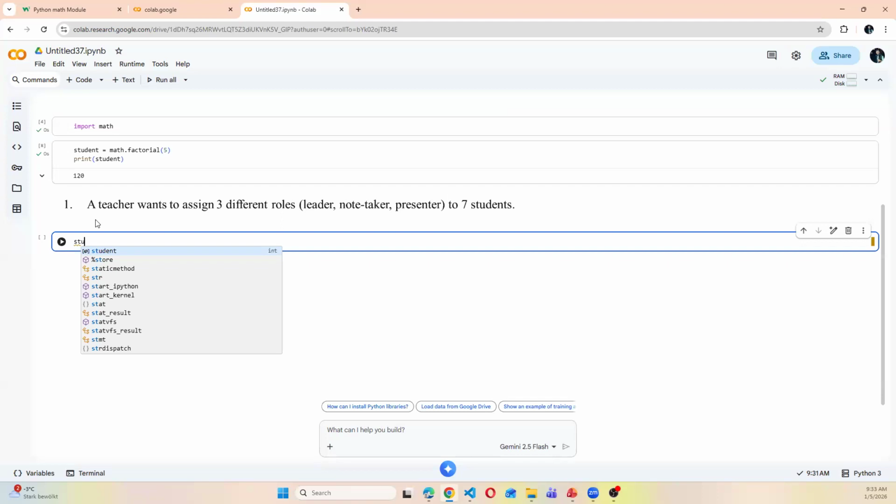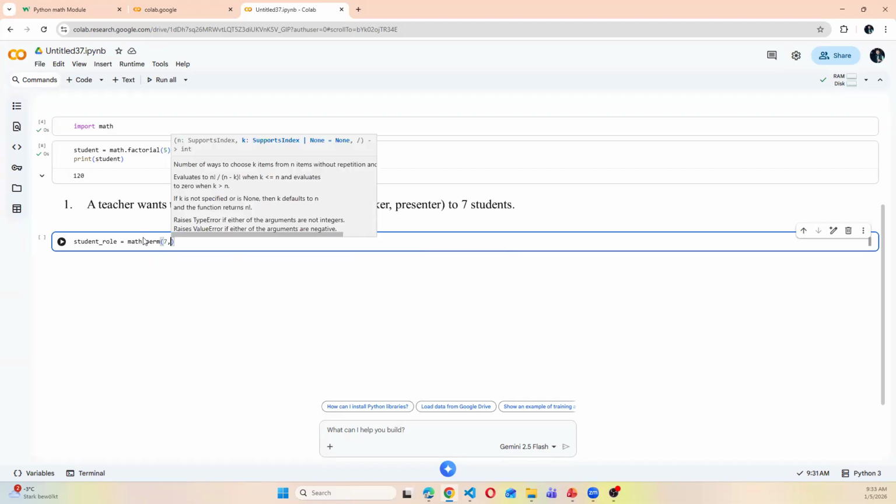So I will say student role is equal to math dot, what is it? It's permutation. So perm is for permutation. You have 7 students, so I will say 7, and how many do I need? 3. So 7 choose 3.